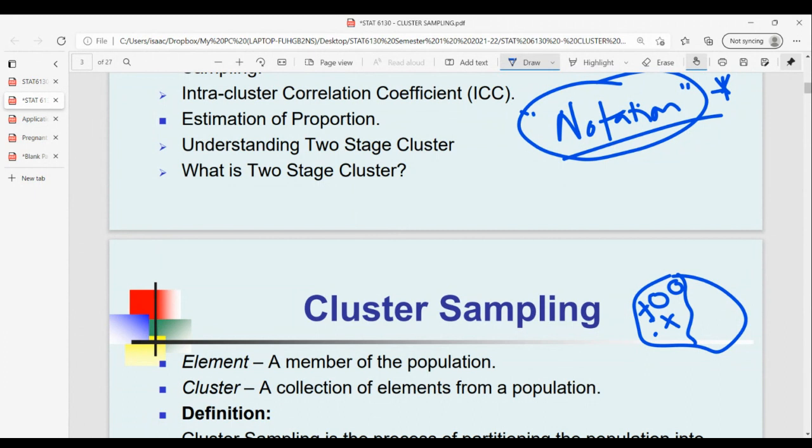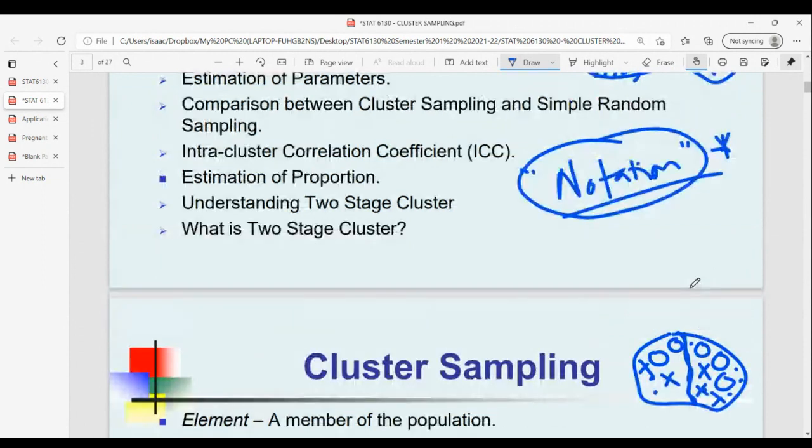And also, in another part of the country, maybe a different county, you'll also have some large farms, some medium-sized farms and some small farms, right? So this is the idea. So the idea is that within the clusters you have a high variability, but between clusters you have low variability.